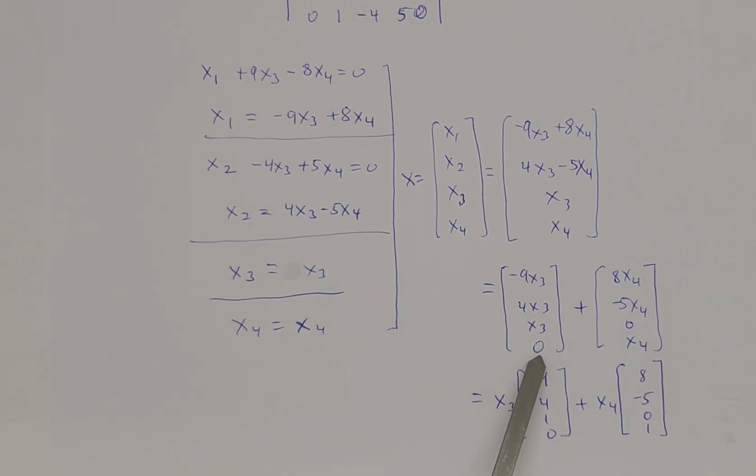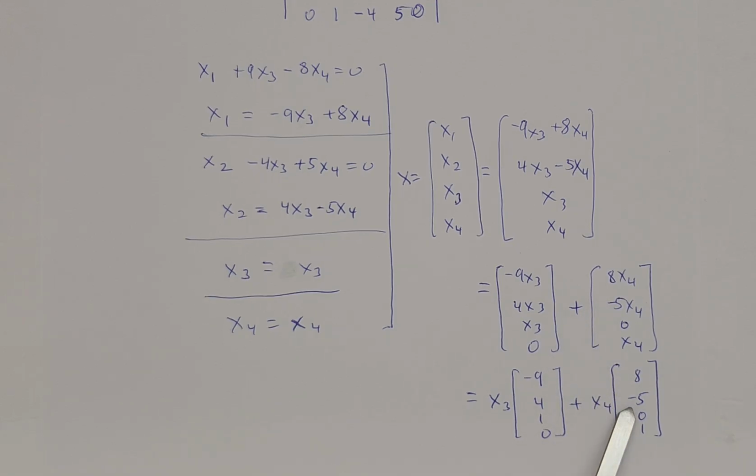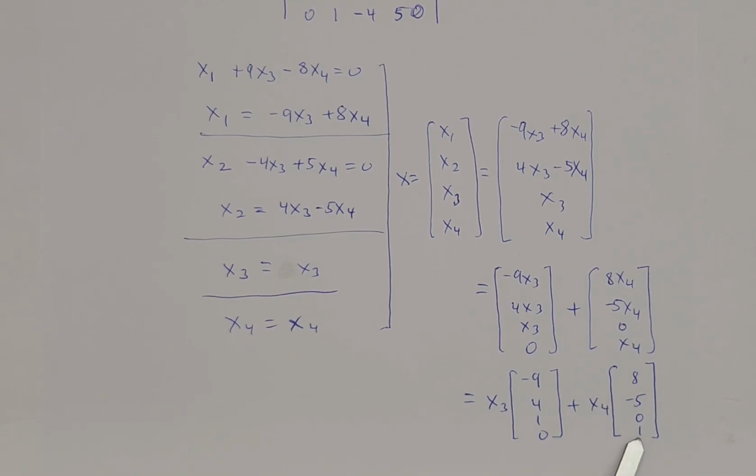And there's nothing for that fourth variable of x3. Same thing with x4: I have 8, I have -5, and this spot is 0 because there's no number for variable 3, and this spot, because it's free, we write 1.